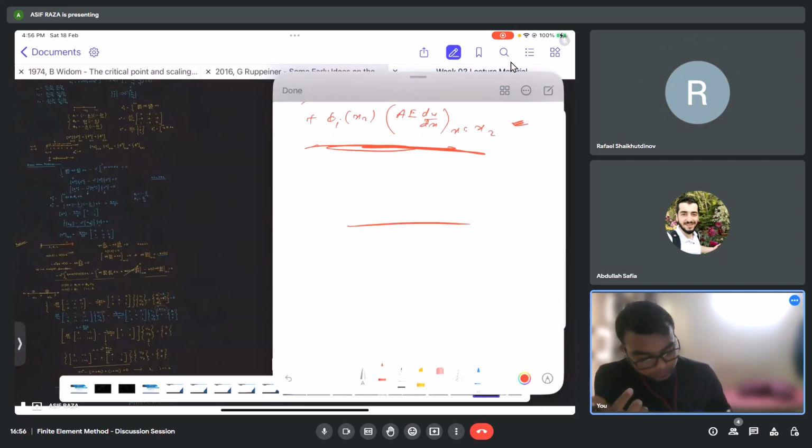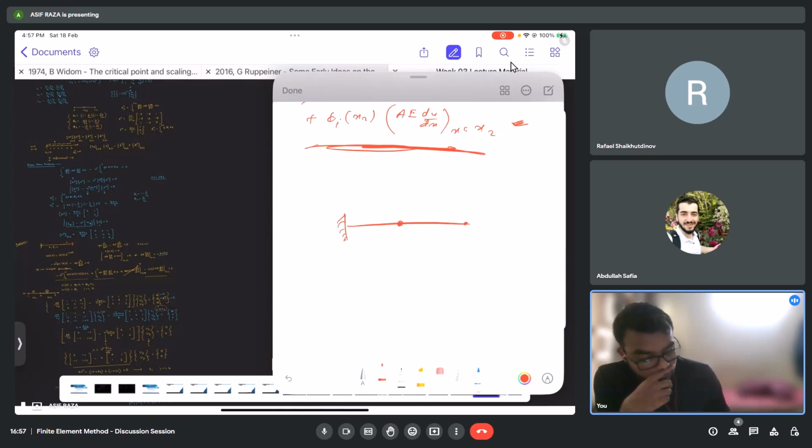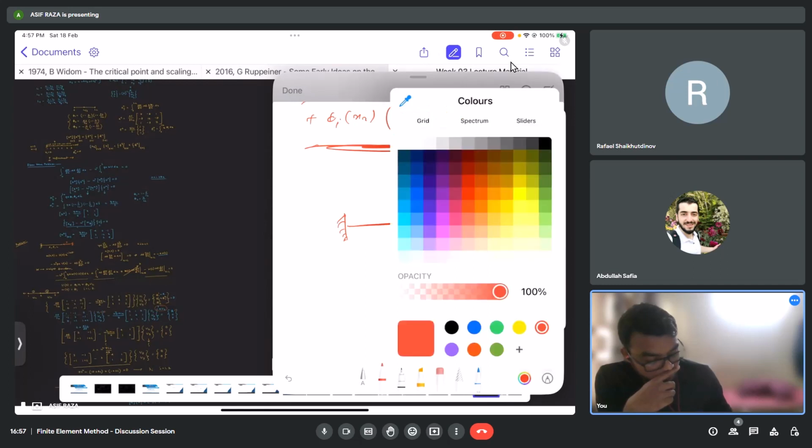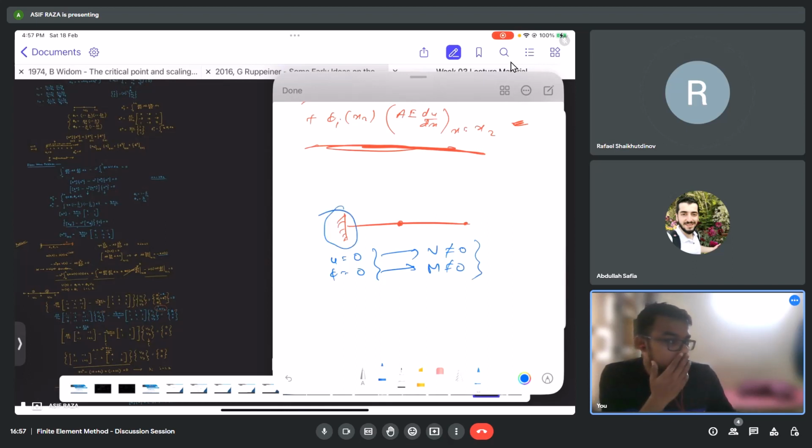When the beam is fixed and we restrict u as 0 and slope as 0, the conjugate quantities, shear and moment, should be non-zero when we remove the support as an internal thing.